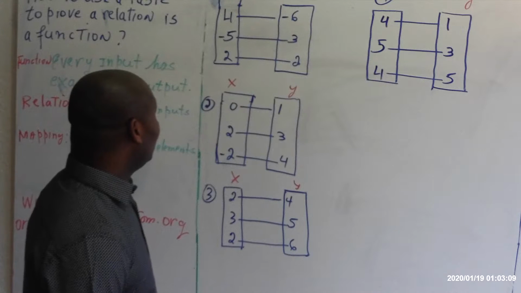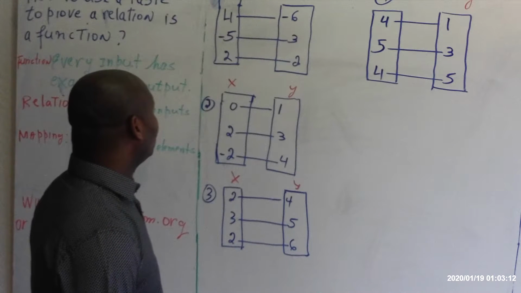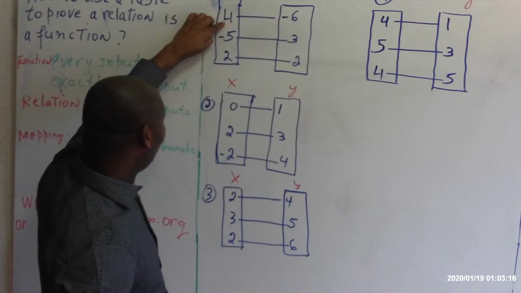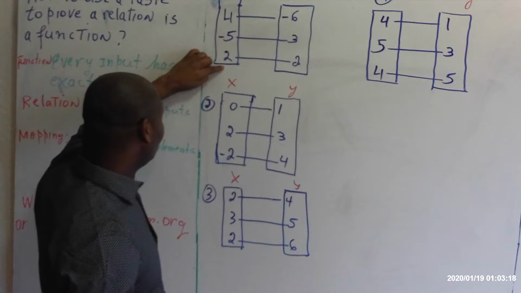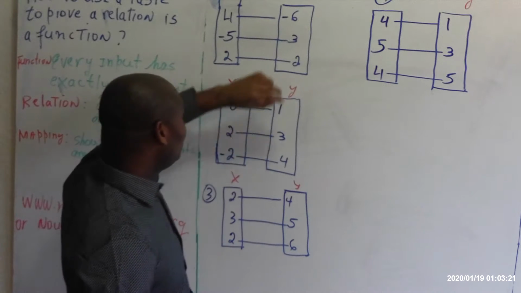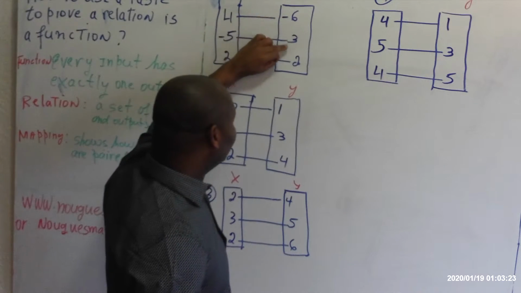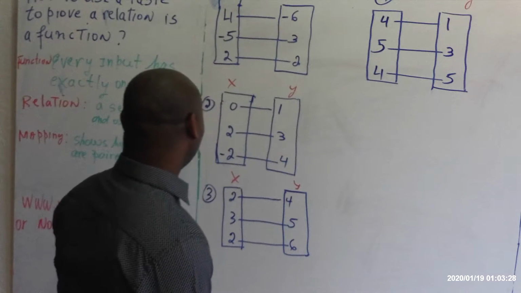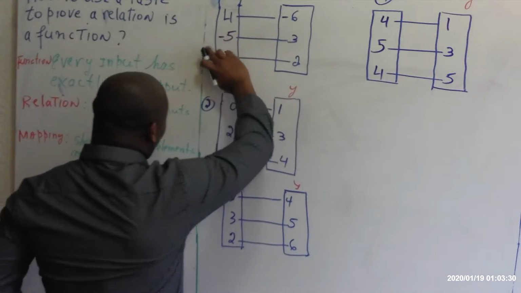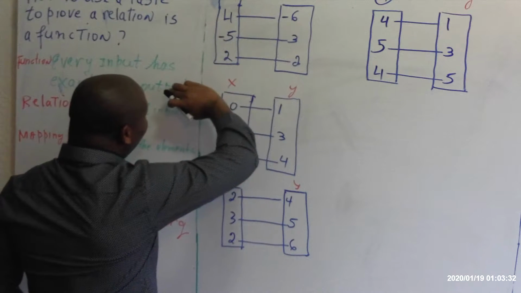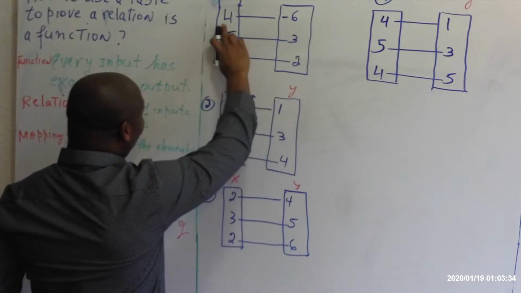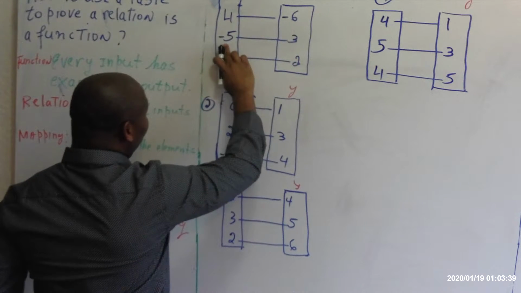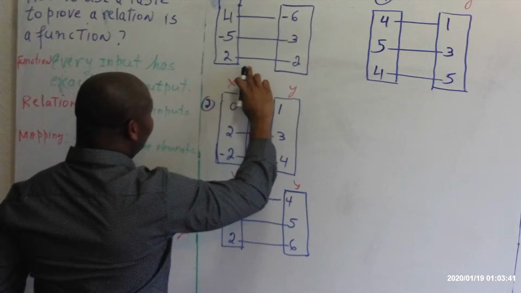So let's start with the first example. This is the first table. This is the value of x: 4, negative 5, and 2. The value of y: we have negative 6, 3, and 2. We're going to see if this table is a function. The rule says every input has exactly one output. We see 4 maps to negative 6, negative 5 maps to 3, 2 maps to 2.